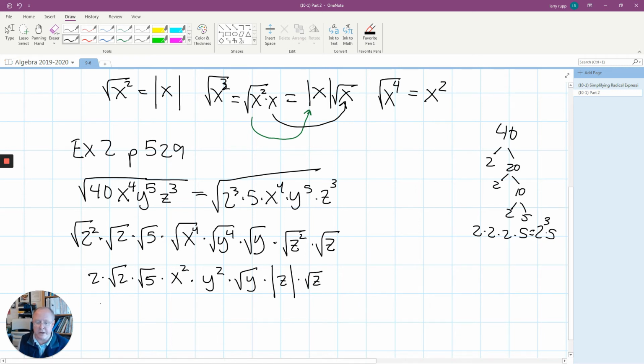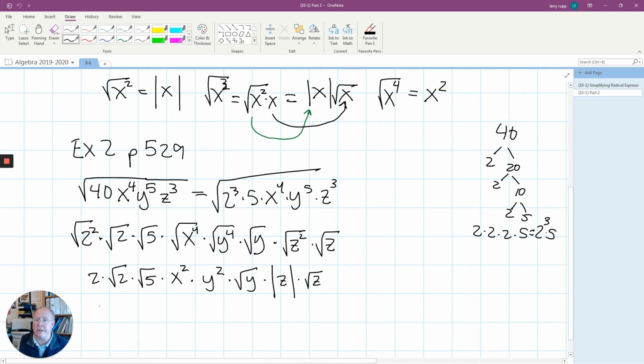So combining all of this together, when you are combining expressions with radical signs, the radical signs come at the end, okay? And there's a reason for that.